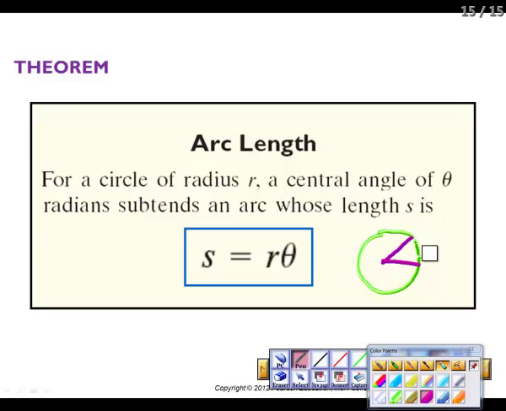Really what we're looking at is this arc length right here. Well, it's not flat, it's curved. So we can't use just the Pythagorean theorem, since this isn't a right angle. So we have to use S equals R theta, where S is the arc length, the curve length, R is the radius of our circle, and theta is the internal angle.